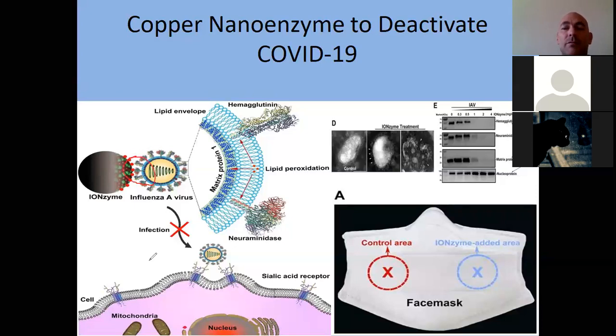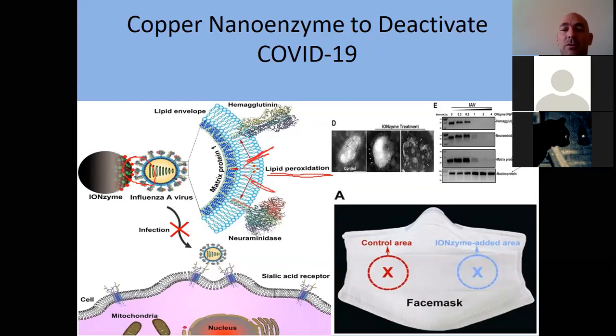And when they bind to the virus, they can react, and when they react, they actually create this lipid peroxidation. What that means is that there is a reaction on the lipid membrane of the virus. And when this happens, this lipid membrane breaks because now the lipids are not stable anymore.